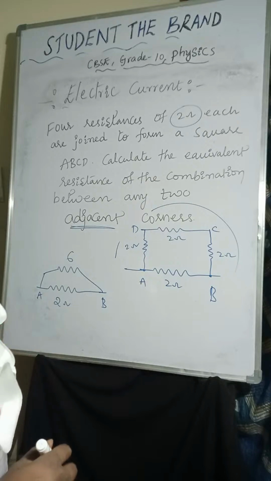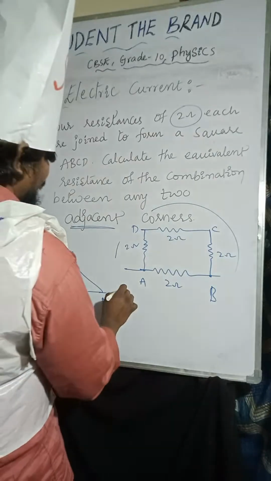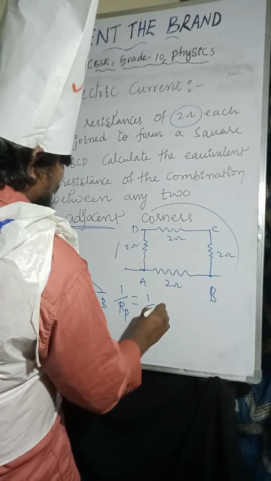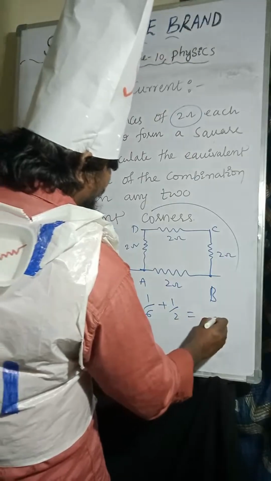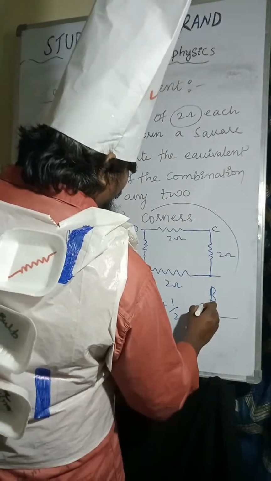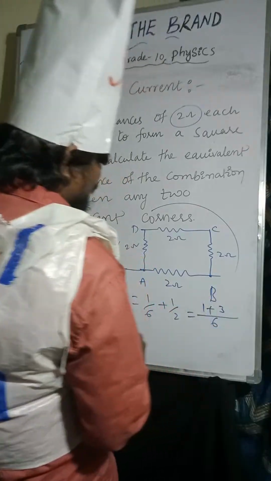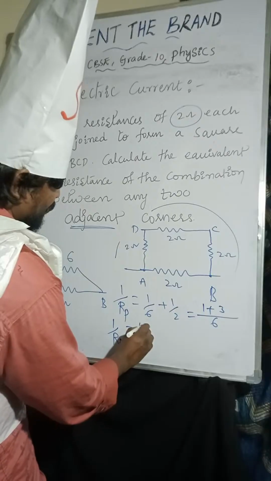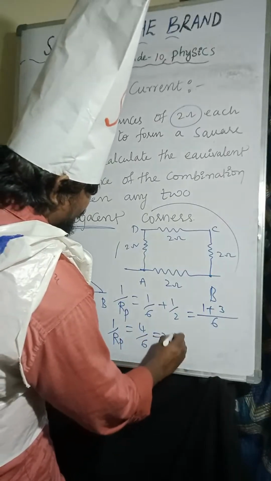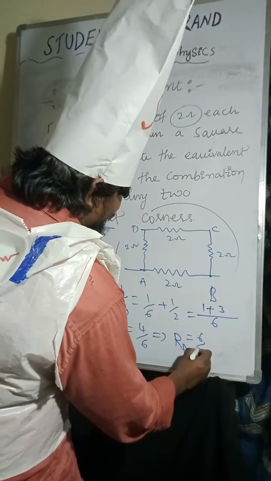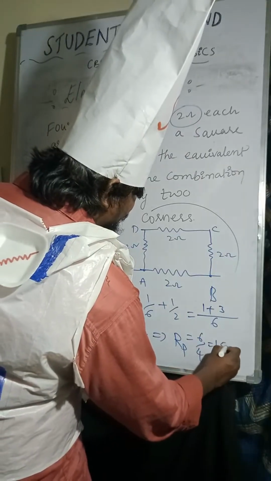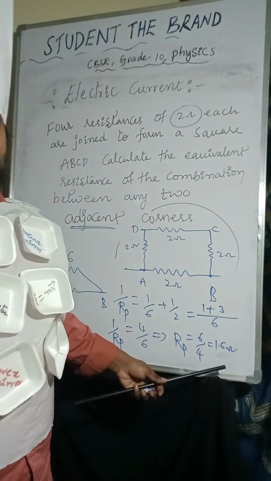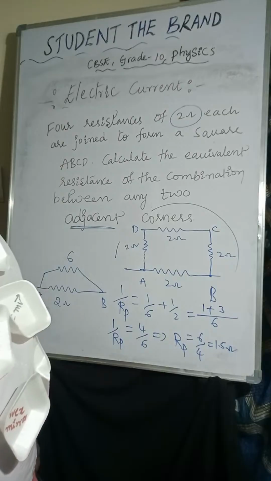So 1 by RP equals 1 by 6 plus 1 by 2. Taking LCM 6, 1 by RP equals 4 by 6, so RP equals 6 by 4, that is 1.5 ohm. I hope it is very clear.